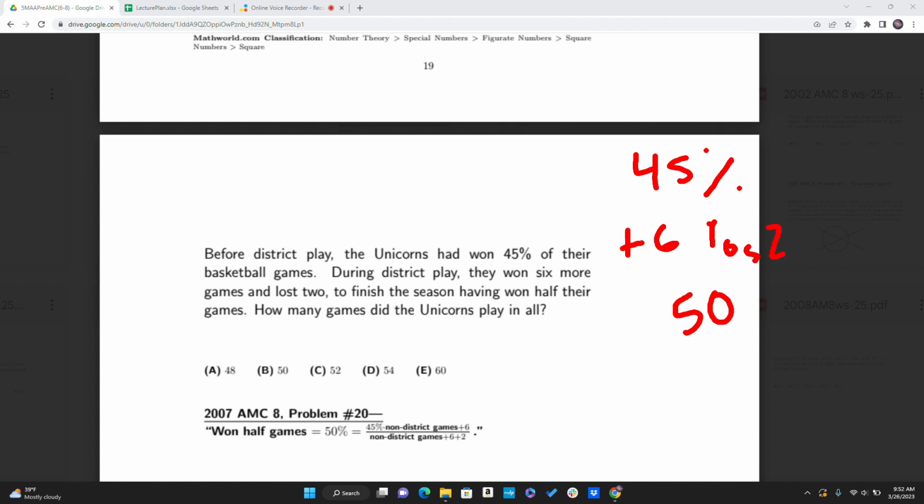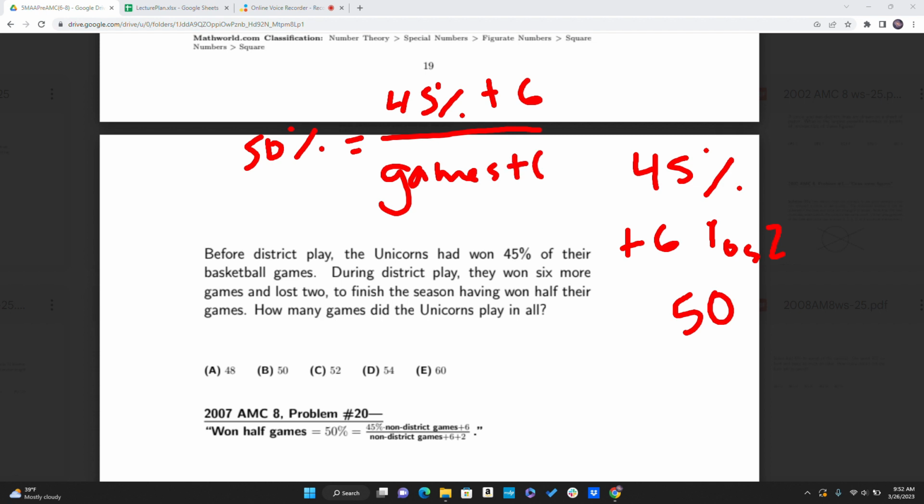Okay, well, that 50% that they won, that's going to be the 45% of games that they won, plus the 6 games they won, over their total games, plus the 6 they won, plus the 2 they didn't win.